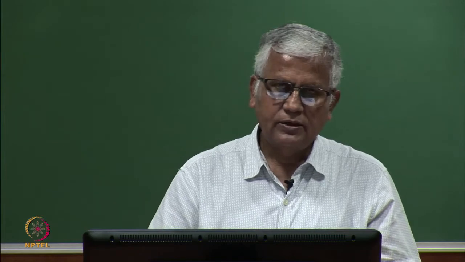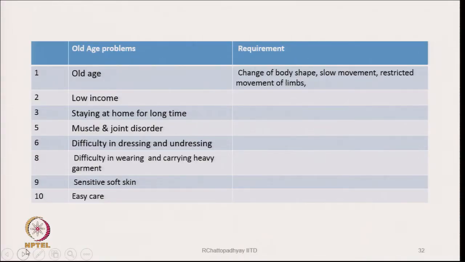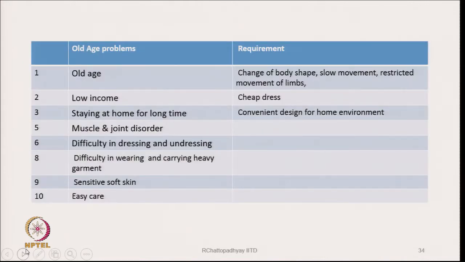The other problem is income becomes low. Many of them want to remain independent, but their income goes down, and therefore what we need is a cheap dress. Low income, and therefore the dress has to be cheap. Then, staying at home for a long time.